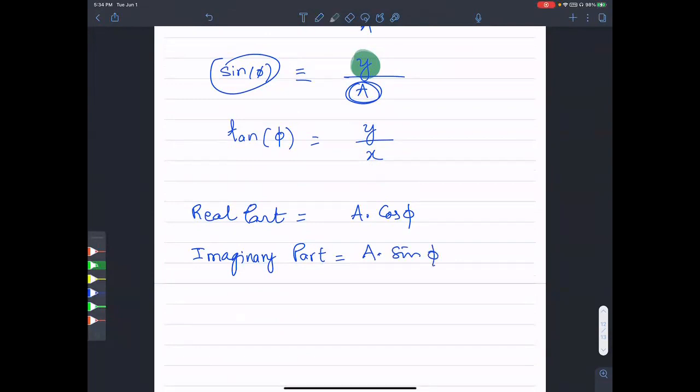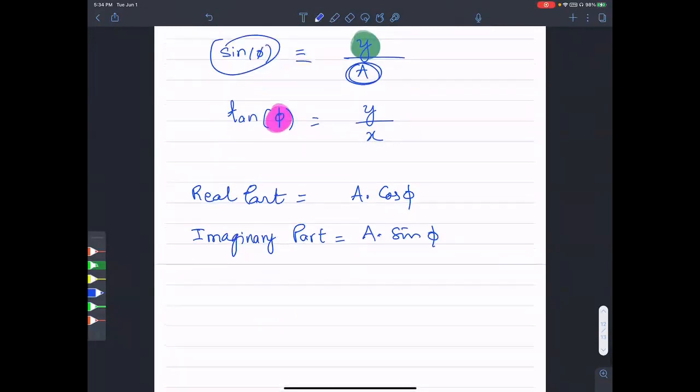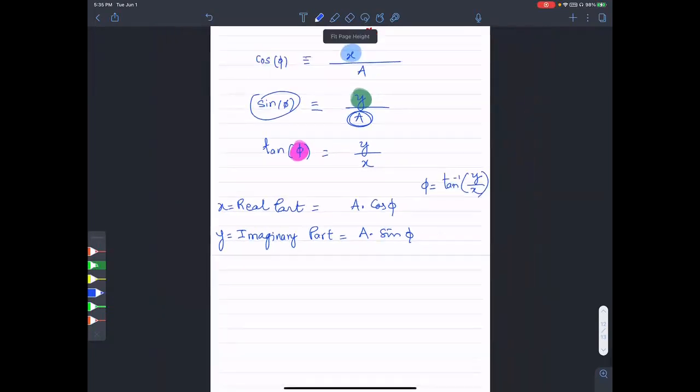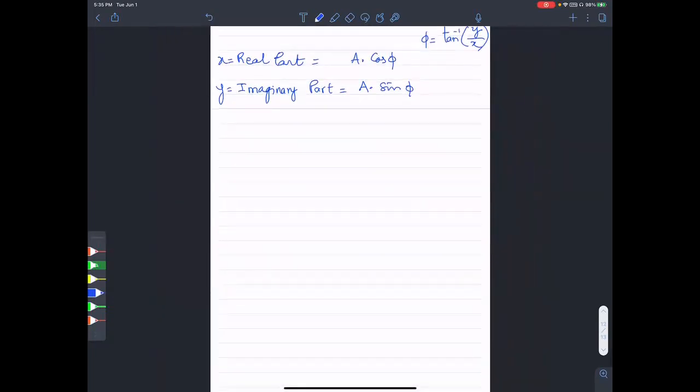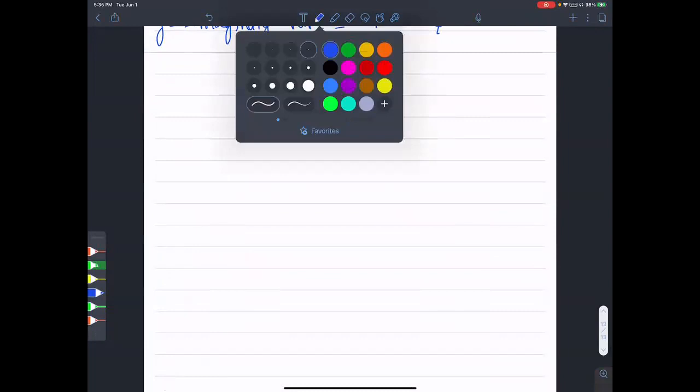And if you want to get this value phi, then phi is tangent inverse of the imaginary part over the real part. So the real part is x, the imaginary part is y.